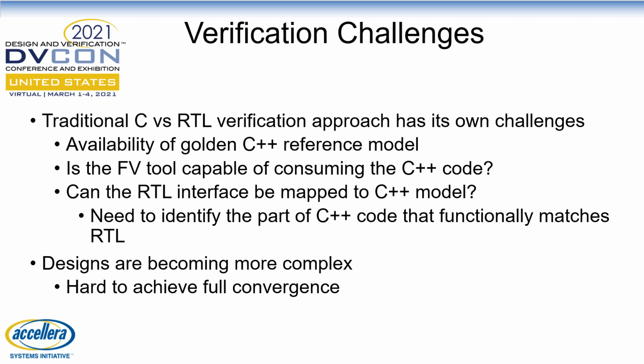At Intel Graphics, C++ models are tuned for performance and use a lot of dynamic constructs, STLs, and legacy libraries for correctness and efficiency purposes, which itself poses a challenge for a formal tool. Second challenge is to be able to map the boundary of an algorithm between C++ and RTL and define a constrained environment for it.